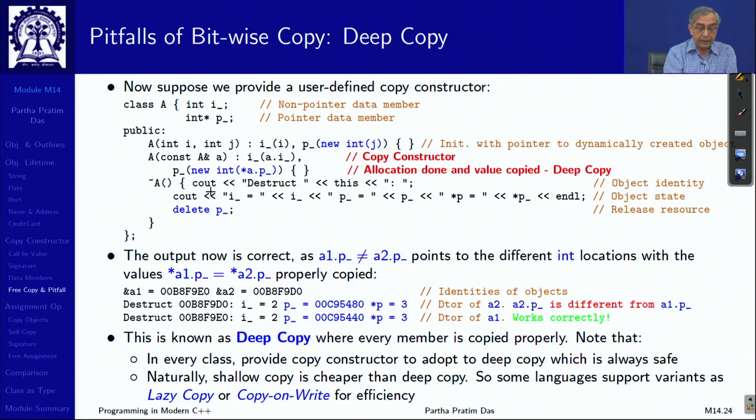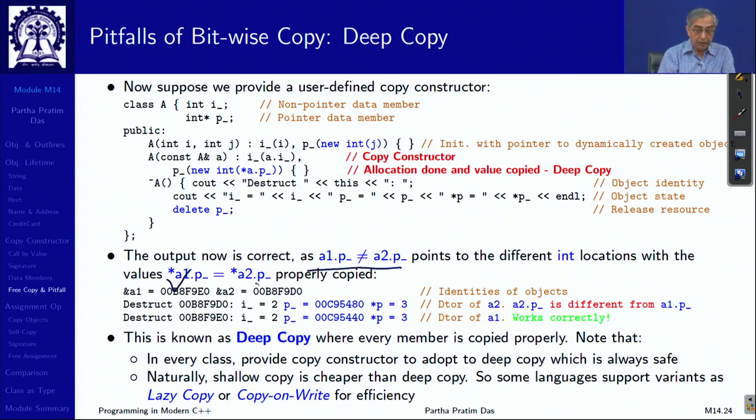So, as in the copy constructor, now you can see that you copy the integer variable, because it is not a pointer. For a pointer, you do an allocation and initialize it with the value it was pointing to. Once you do that and you write the same code, in the copy it is not a bitwise copy, it is no more that you have these 2 pointers the same.